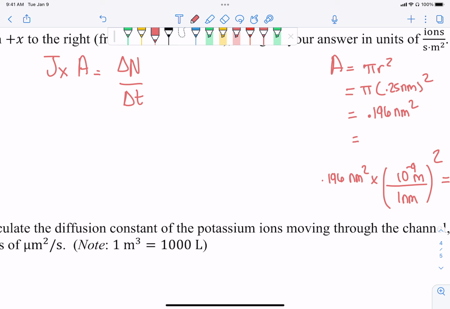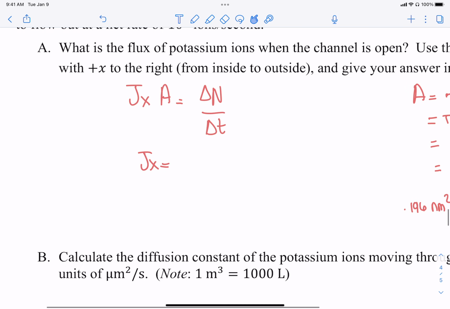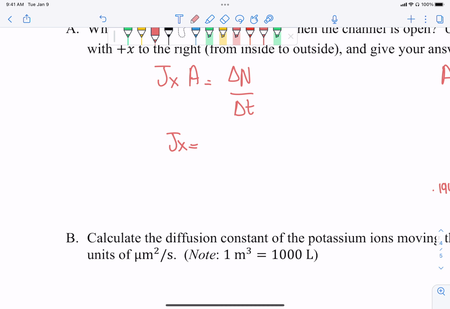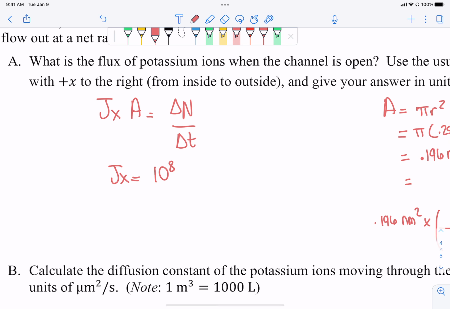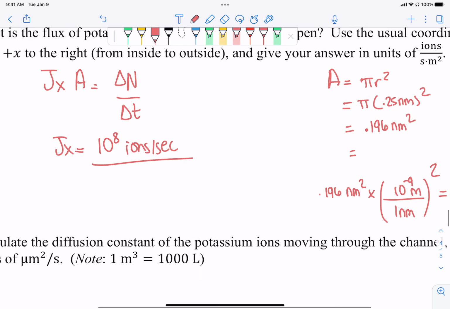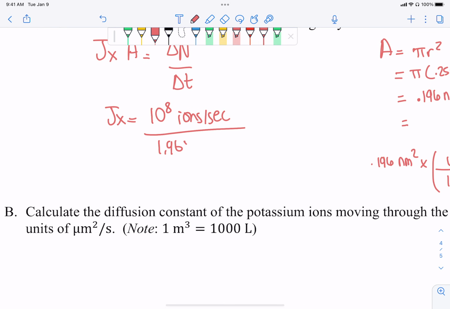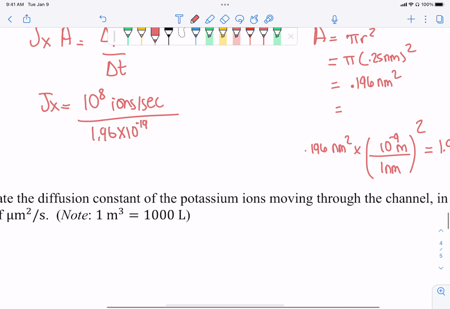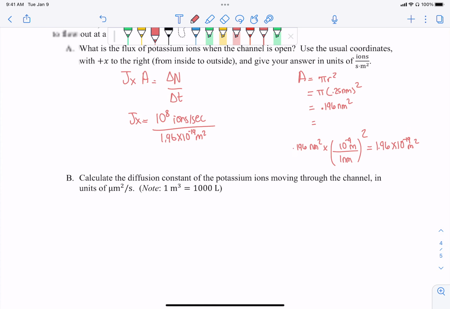And then I can divide by my area to get my flux. So my flux should be equal to my rate, 10 to the 8th ions per second, divided by 1.96 times 10 to the negative 19 meters squared. Let me check that real quick, make sure everything is in order.